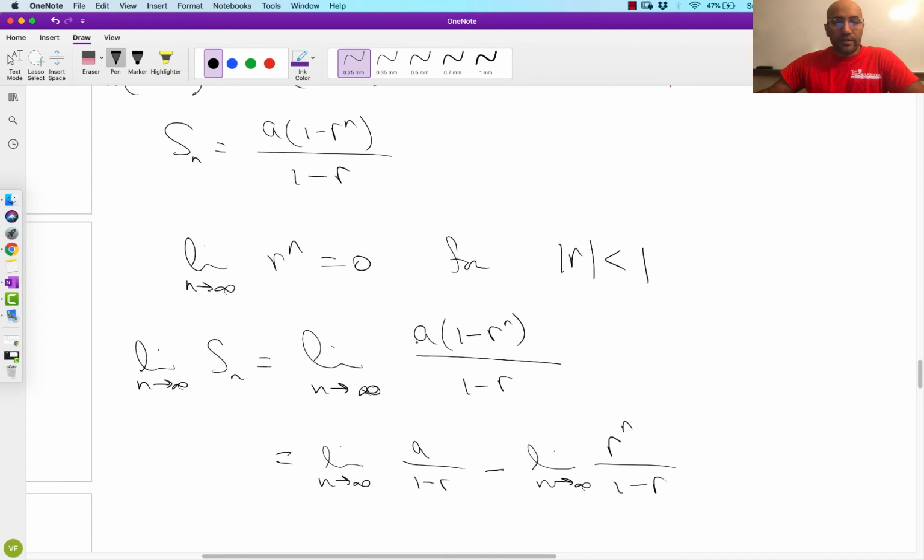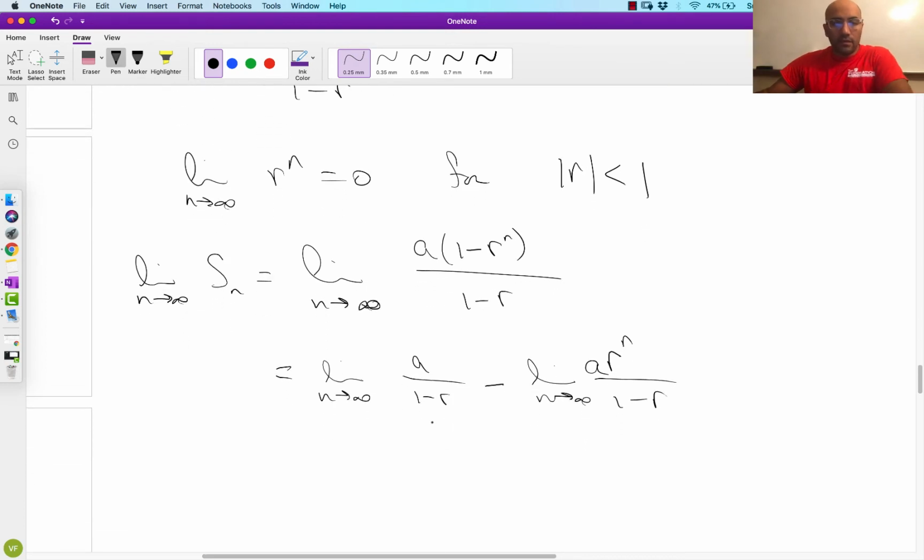Oh, there's an extra a there, sorry. Right, so distributing this and separating it as two separate fractions. And then, well, there is no n here, right? The limit as n goes to infinity of something that doesn't have an n. This is a constant as far as this term is concerned.